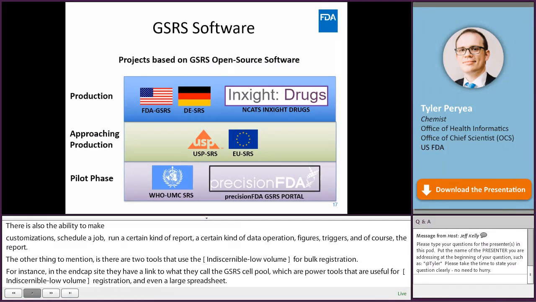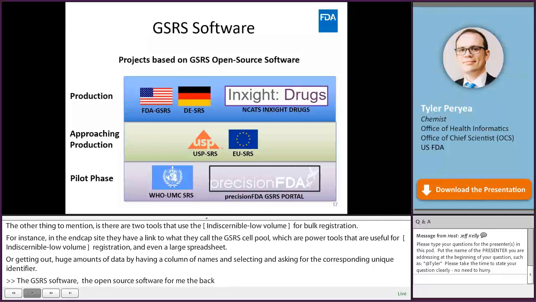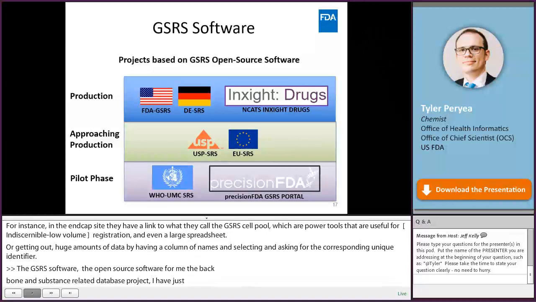So the GSRS software, the open source software, ends up forming the backbone for a lot of existing software and substance related database projects. I've just highlighted a few of them here. There are at least 3 systems, and a few others that we know of, that are in production and use GSRS as their base backing software.